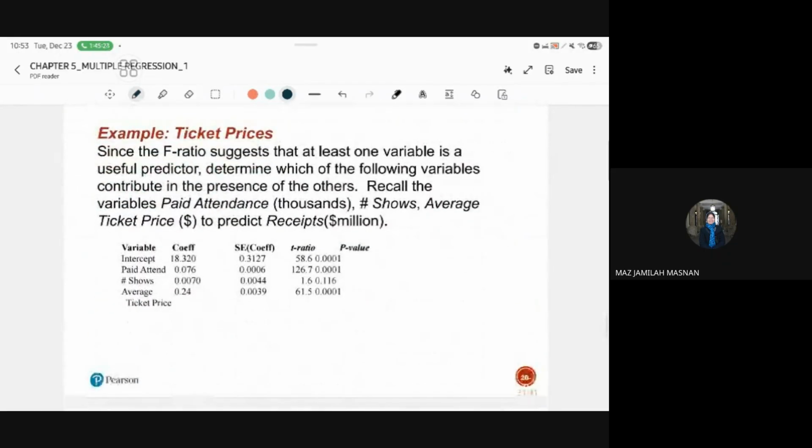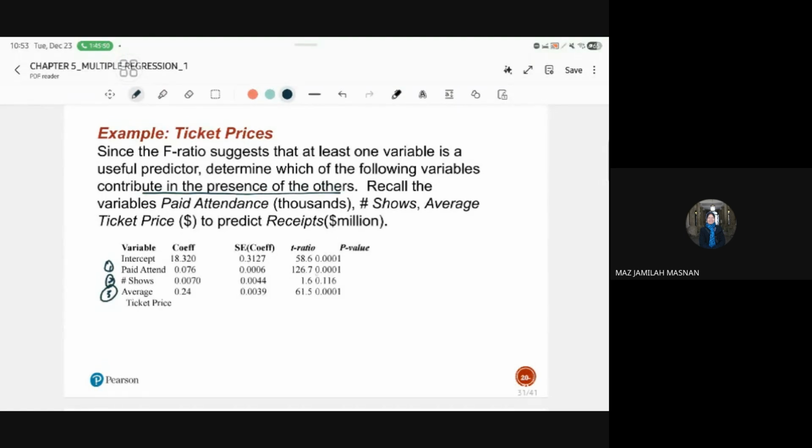Determine which of the following variables contribute to the presence of the others. Recall the variables paid attendance, number of shows, and average ticket price to predict receipts in millions. As you can see over here, the first variable is paid attendance, the second variable is number of shows, the third variable is your average ticket price.